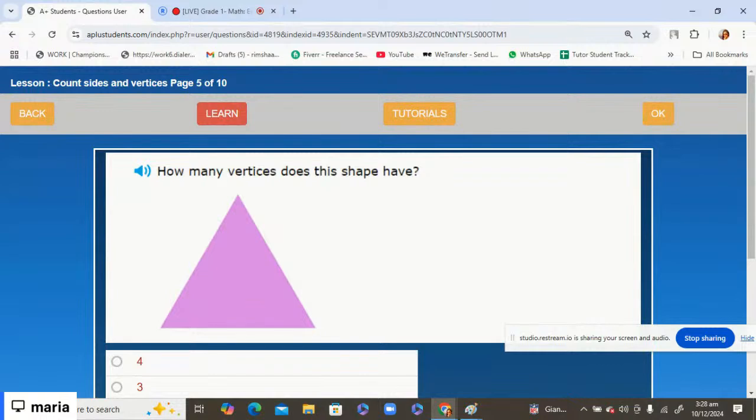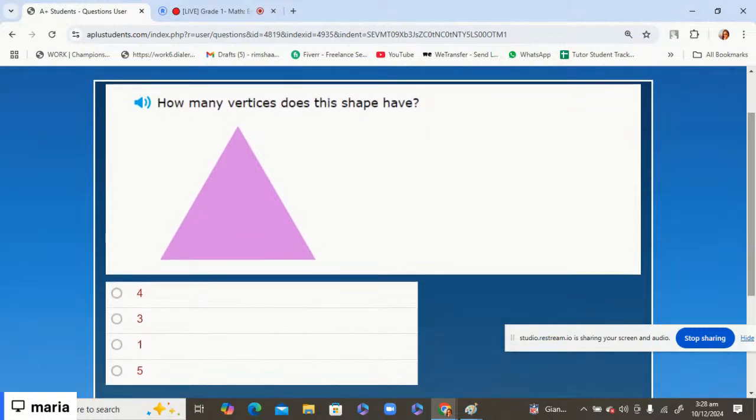Okay. Now tell me how many vertices does this shape have? Now you guys tell me the vertices.